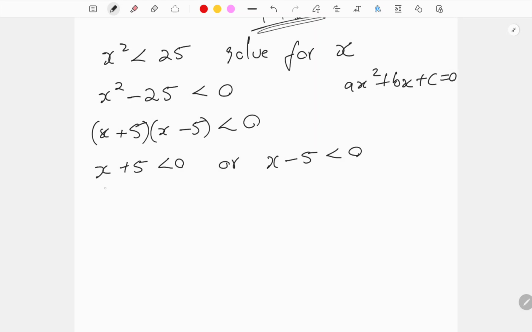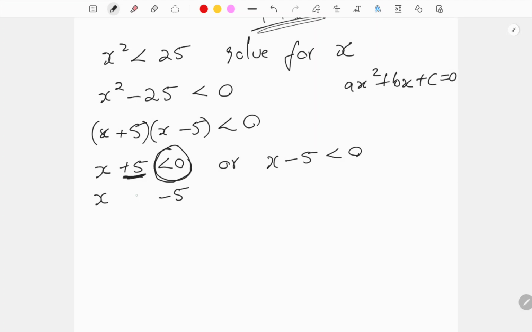And then look at this. Okay, before we can focus on the sign, what's going to happen with this 5 when you transpose it to the other side? It's going to be negative 5. And then remember, when you transpose the number and it becomes negative, you change the sign of this inequality.